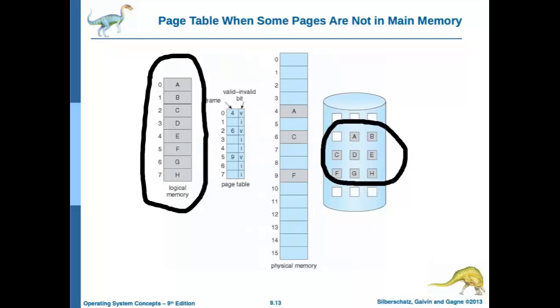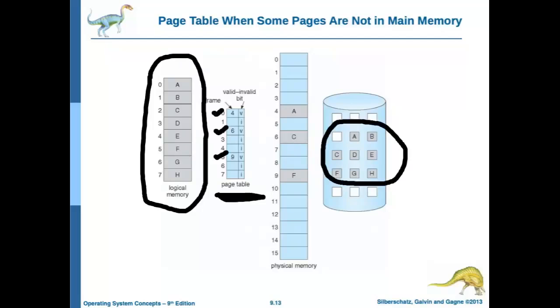Because of the concept of virtual memory, we can start executing this process without loading all 8 pages. Here you can check that page number 0 is loaded, page number 2 is loaded, and page number 5 is loaded.